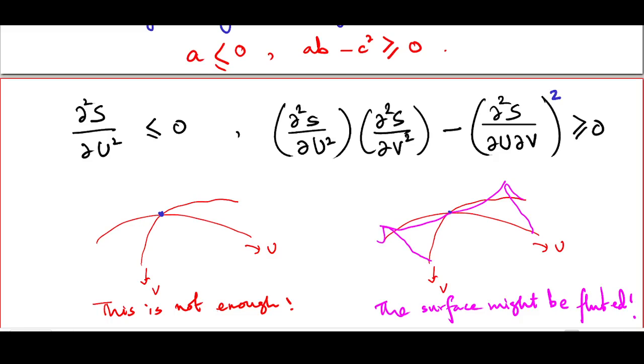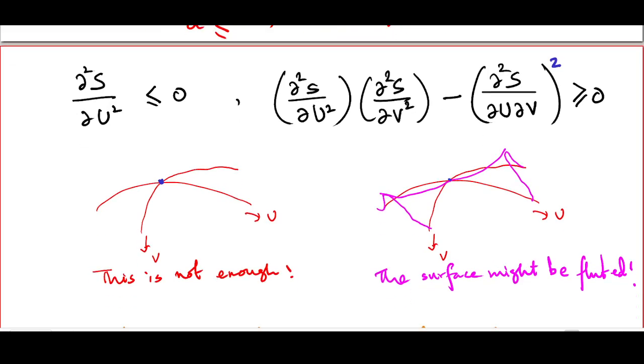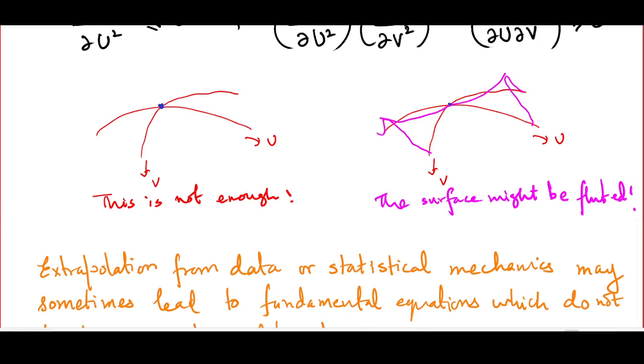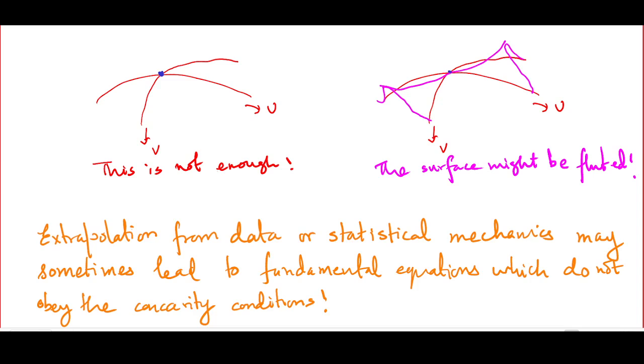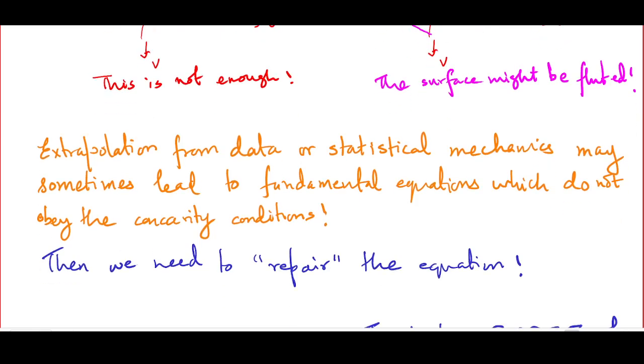Let us now turn to the question of repairing a faulty fundamental equation. As we have stressed before, extrapolation from data, back calculation, or statistical mechanics may sometimes lead to a fundamental equation which does not obey the concavity conditions. And in such situations, you need to repair the equation.